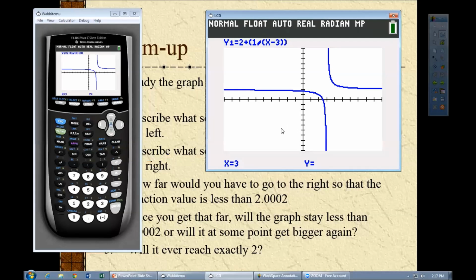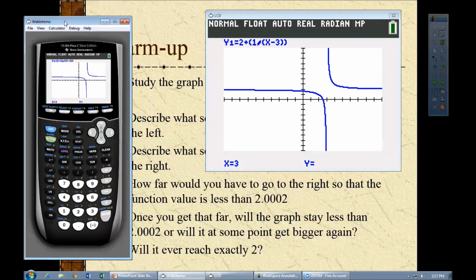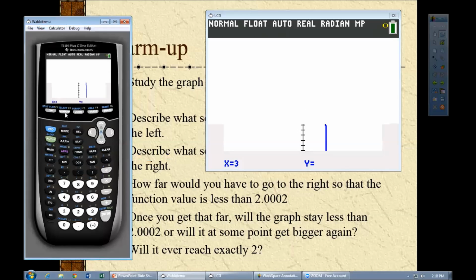So the next thing I want to explore is what happens to this graph for very large values of x. So we're centered right around 3 here, but what if we go far, far off to the right? Let's change my window here.